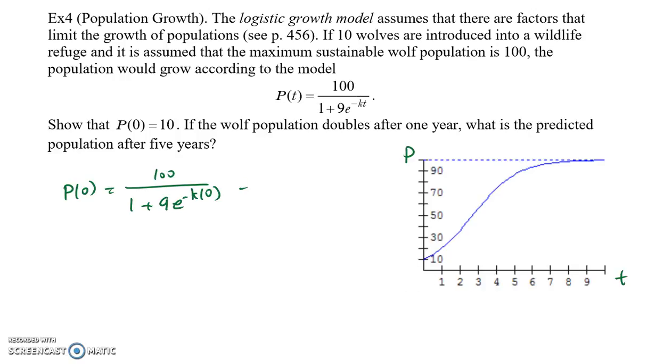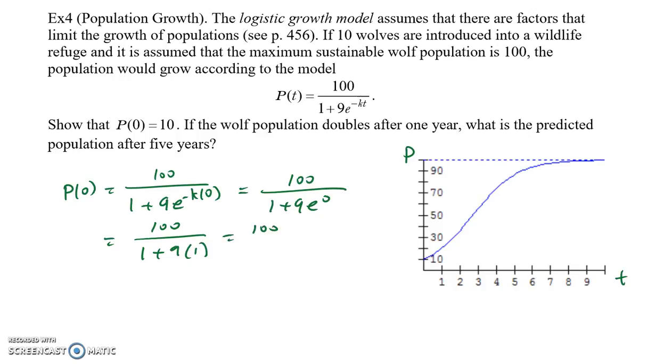So we would have 100 over 1 plus 9 e to the 0. But e to the 0 is 1. So we have 100 over 1 plus 9 times 1.